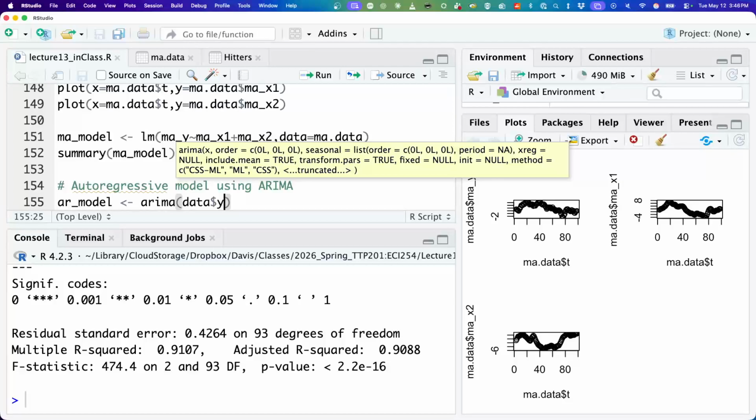do I have this set up properly? Hold on. One second.